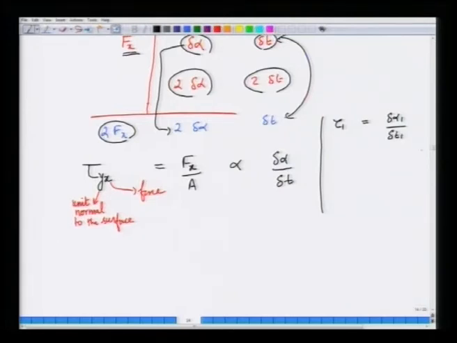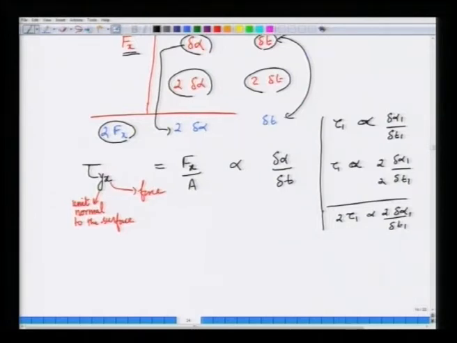If I were to wait for 2 delta t 1 for the same stress, then I would get 2 delta alpha 1 because I am keeping stress constant. But if I keep 2 tau 1 and I keep delta t 1 the same, since it is directly proportional, the angular displacement has to increase by 2 delta alpha 1. So, all this is captured by this simple relation that tau y x must be directly proportional to delta alpha by delta t in a fluid.